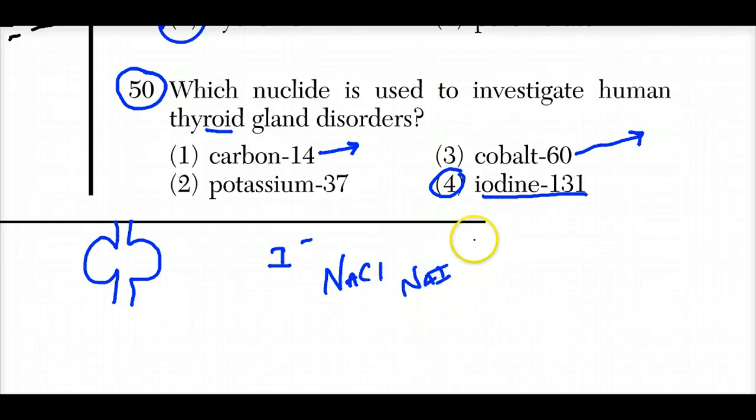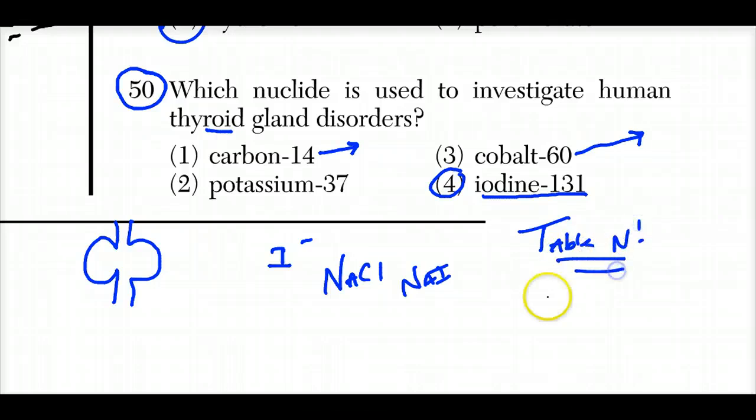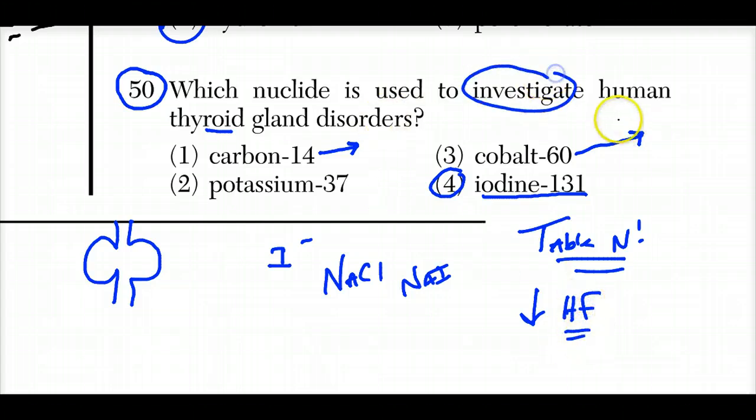But if you still didn't know any of that, you could look on Table N, and you would look for the shortest half-life. The shortest half-life is something that you want to investigate on humans with because it gets out of your body pretty quickly.